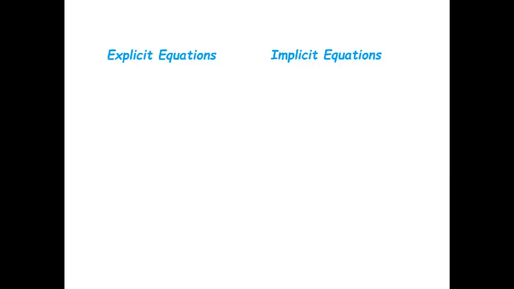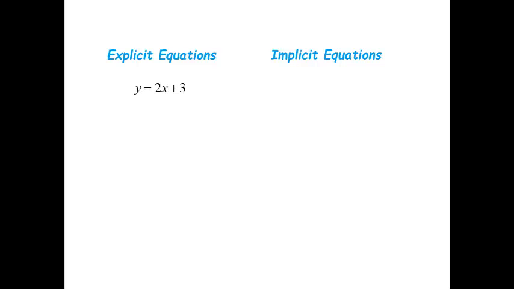Normally, when we talk about equations, or up to now, you've looked at equations in the explicit form, where one variable is solved for the other one. So y is an explicit function of x, where we just have y on one side and everything else on the other side.